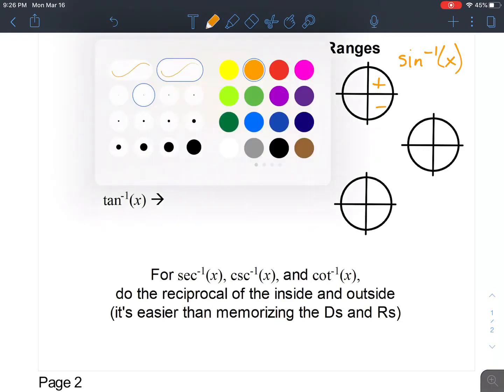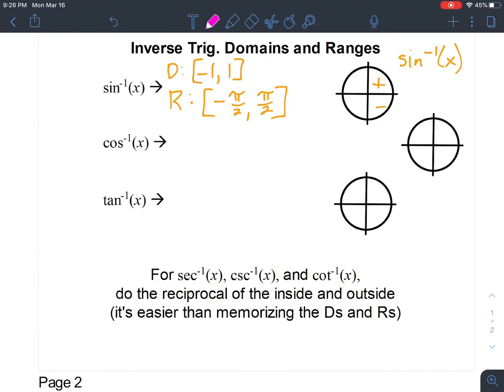Okay, then the next one that we have is arccosine. Just like with arcsine, its domain is -1 to +1. Then to find its range, we're going to do a similar thing to what we just did with arcsine. Once again, we are always going to include the first quadrant.